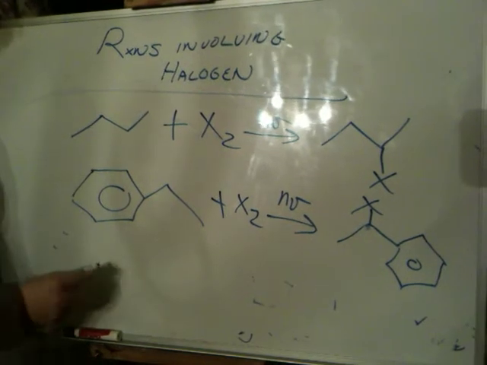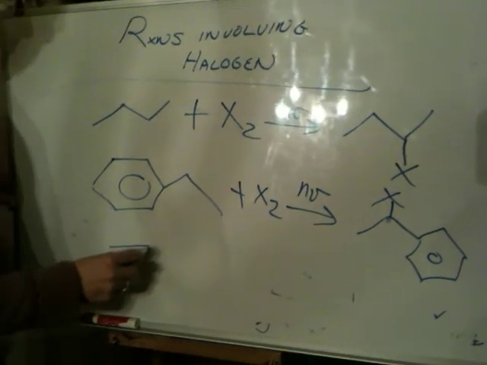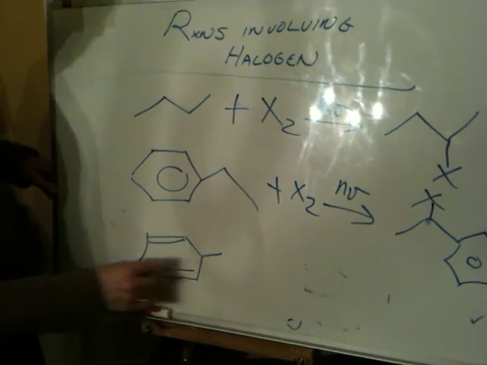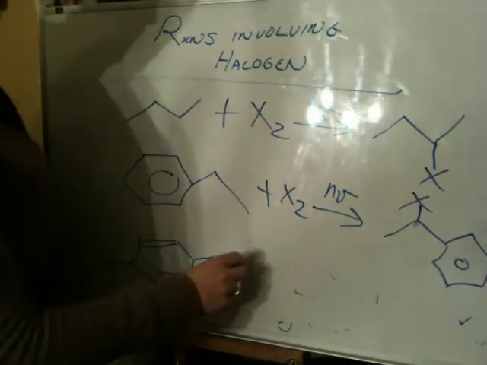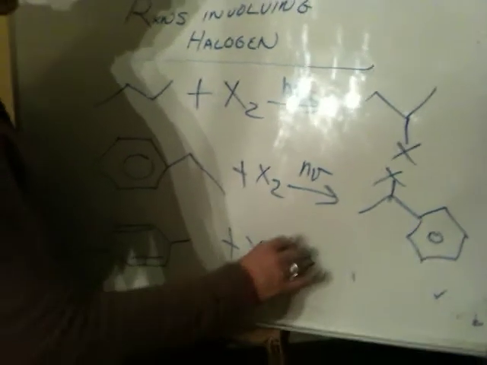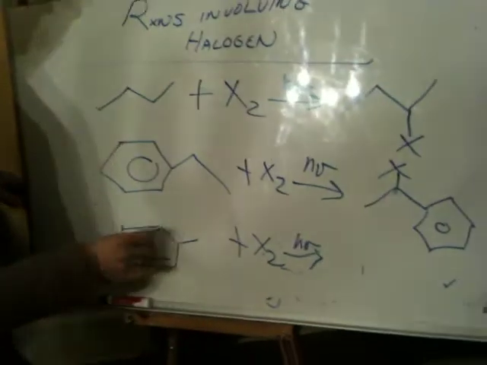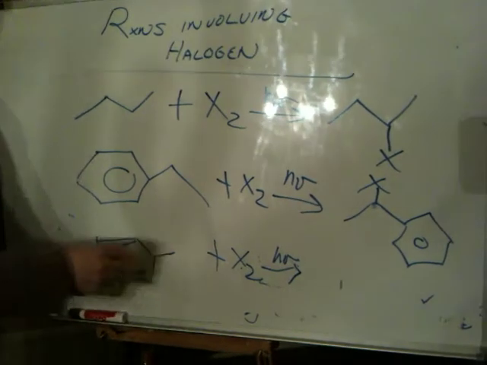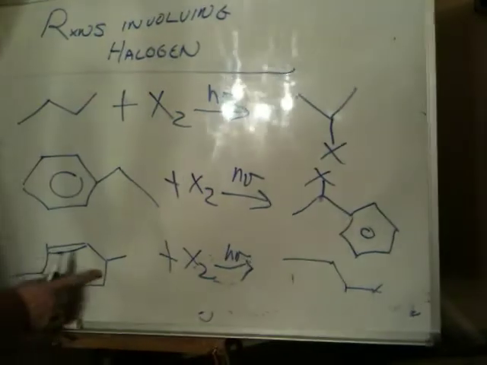On the other hand, if you have some kind of allylic system and you add X2 in the presence of light, it's a little problematic. The reason is that if you have a high concentration of X2, you can get some addition across the double bond. But under these conditions, you should get at least some allylic bromination.